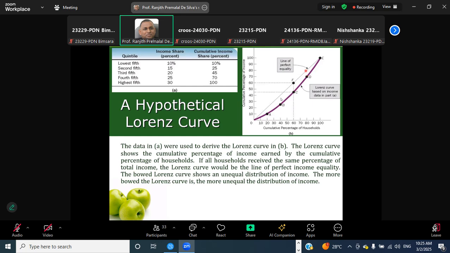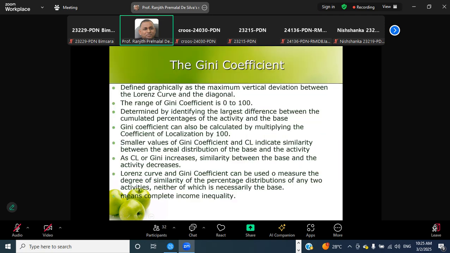Here it is small. Here it is also more or less the same, but here it is small. So the highest vertical difference between the two lines is the Gini coefficient value. The Gini coefficient ranges from 0 to 100.